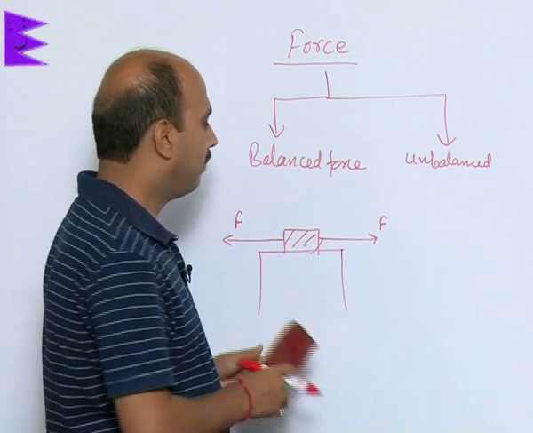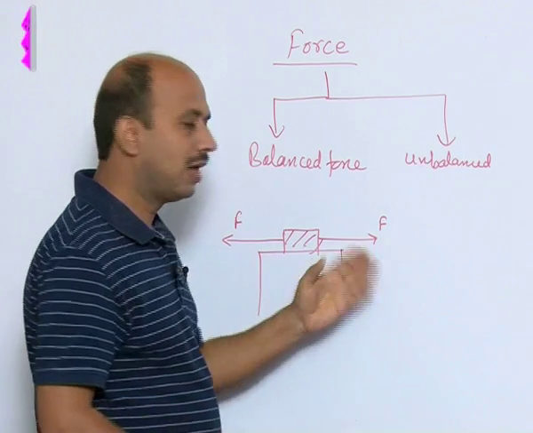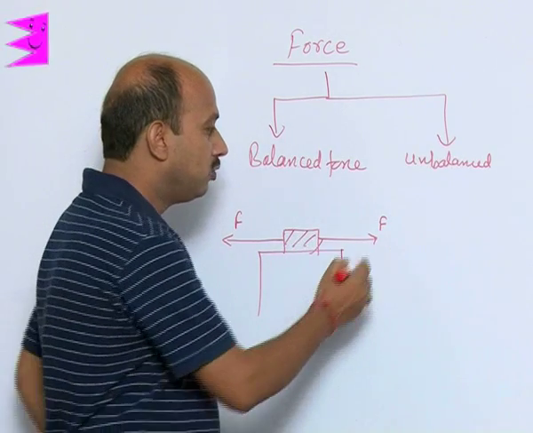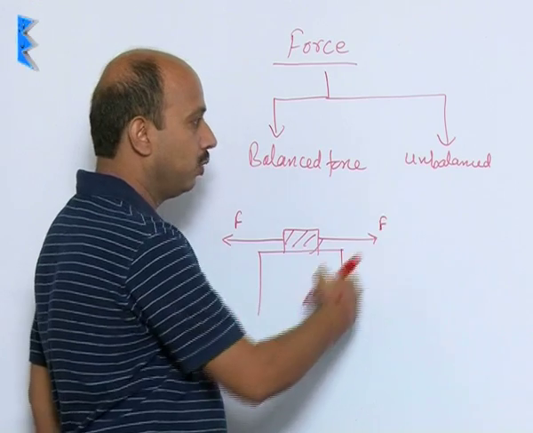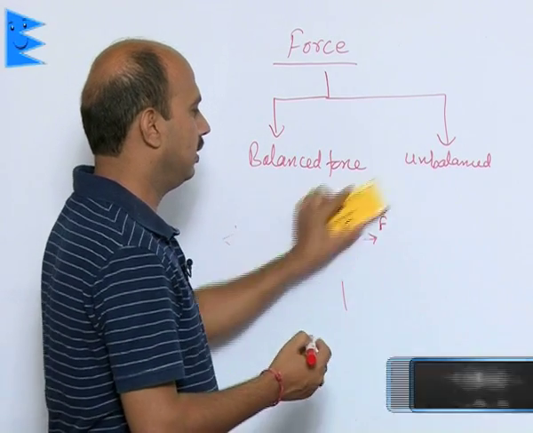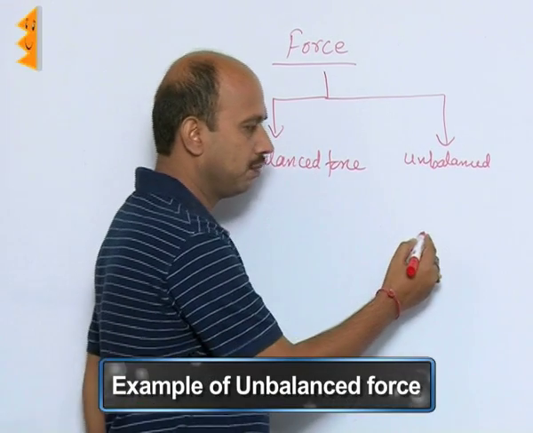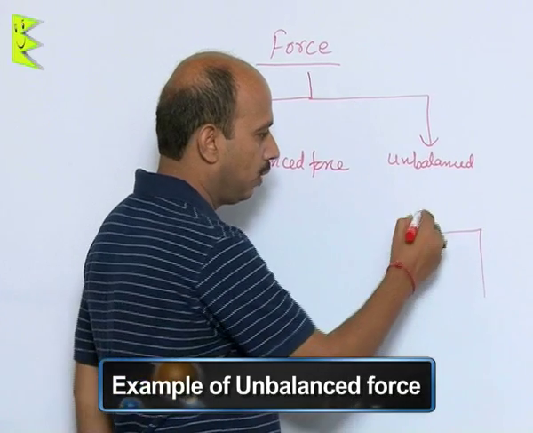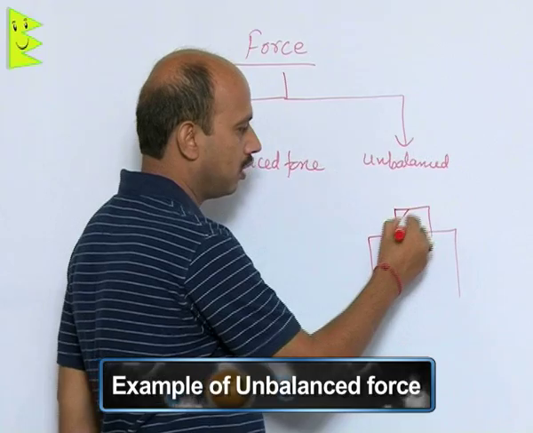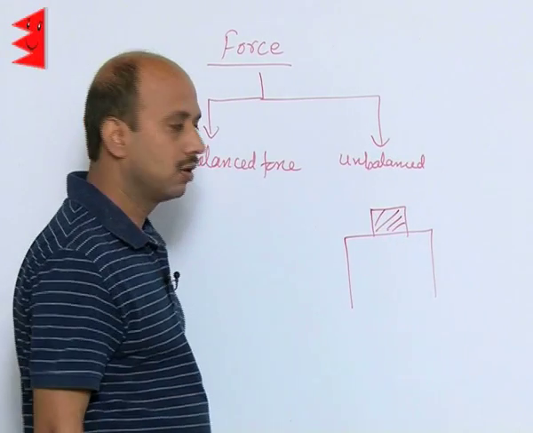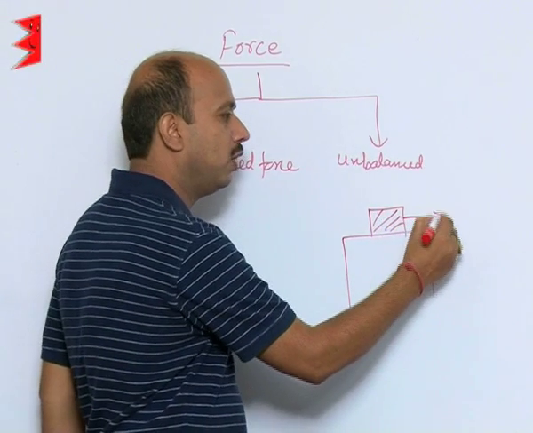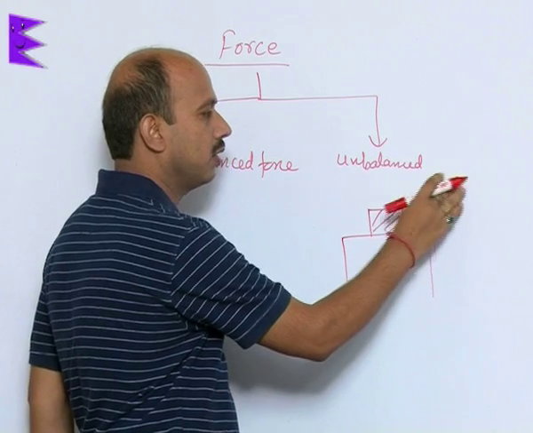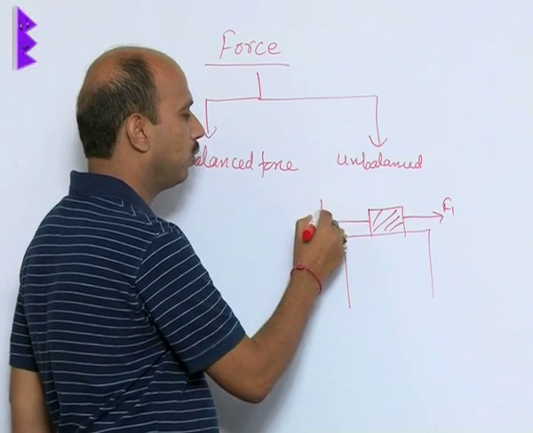Now, see about unbalanced force. Take another example and make another diagram here. Suppose you have taken the table like this, you have placed a box over here, and apply force F1 to this side and another force F2 to this side.